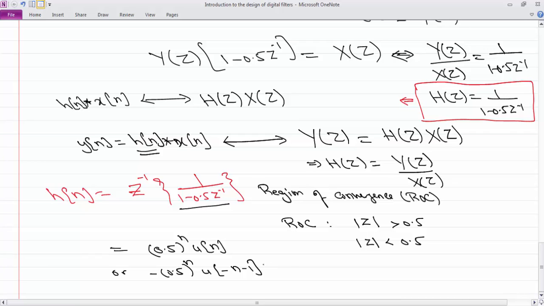Okay. And that will be determined by which region of convergence you are in. So the first region of convergence goes with the first sequence, and the second region of convergence goes with the second sequence. Okay.